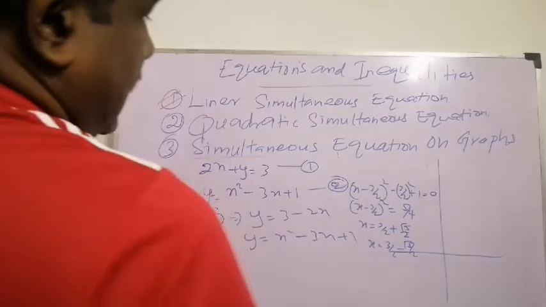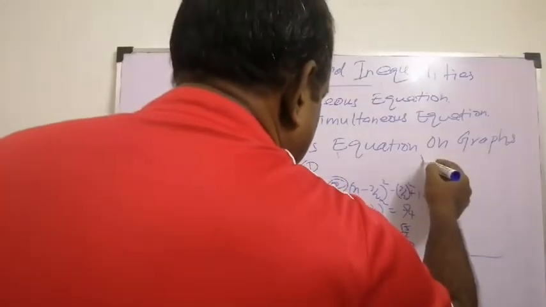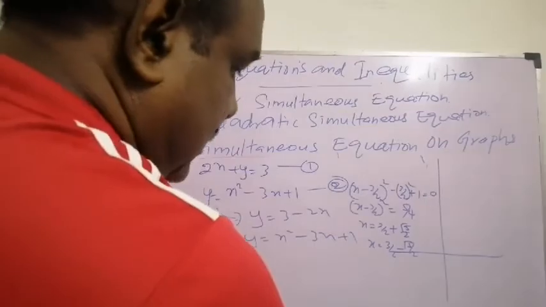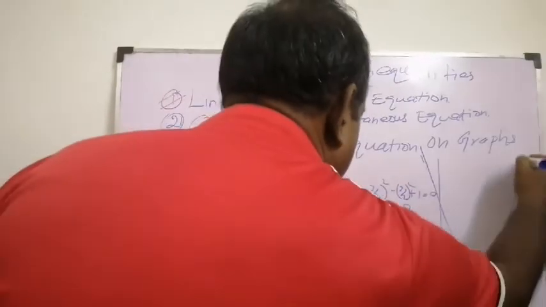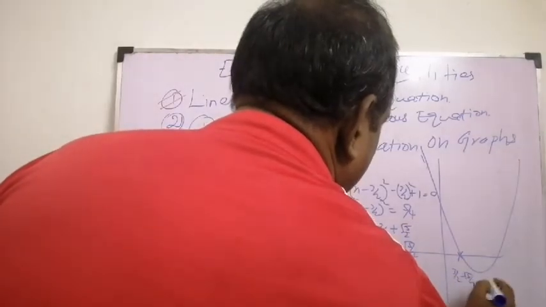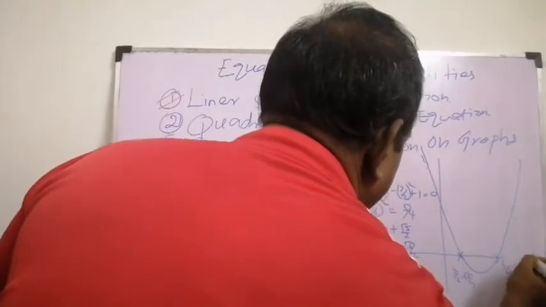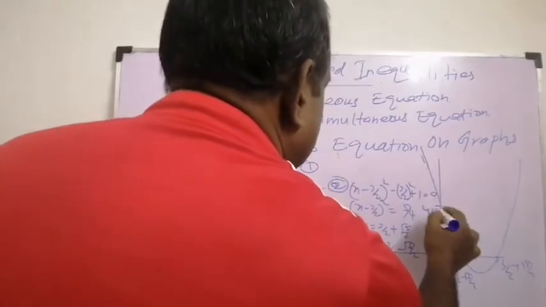Then when you solve the other equation, when x is equal to 0, y is going to be 1. And both will be positive. So it's going to be 3 over 2 minus square root 5 over 2. This is going to be 3 over 2 plus square root 5 over 2, right? Then this is going to be y is equal to 1.